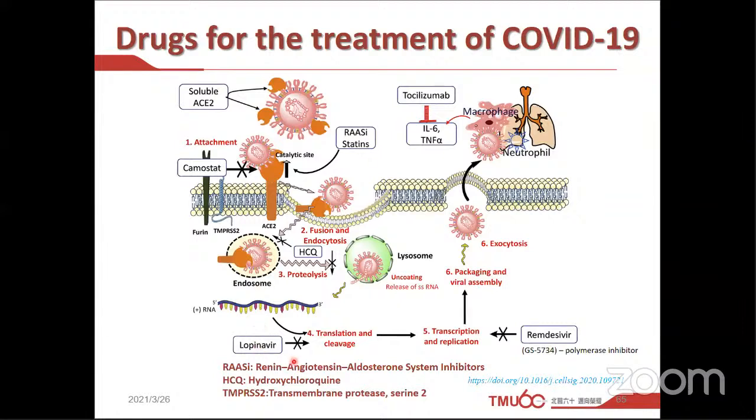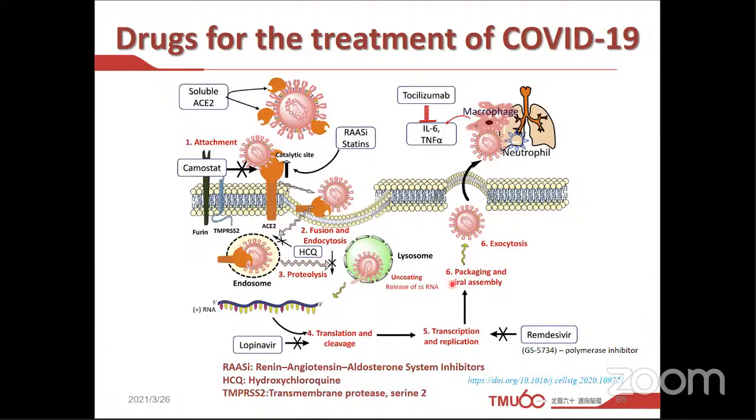And also use reagents or inhibitors to block translation and transcription. Another one you can use is the antibody tocilizumab, which is against IL-6, to minimize the cytokine storm in this COVID-19 infection.